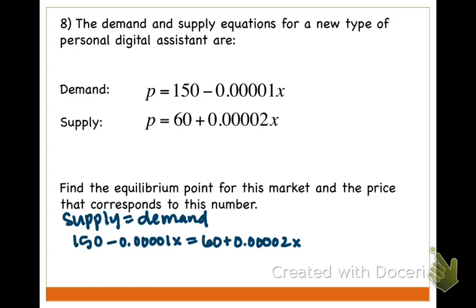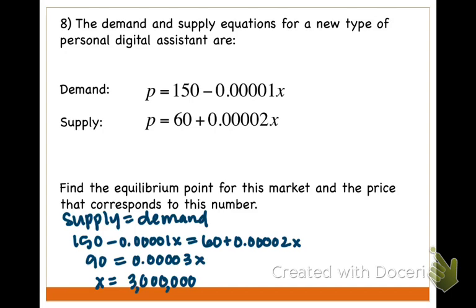If I finish solving this, I do get that 90 is going to equal 0.00003x, or that x is going to equal, I'm going to make sure I get this right, 90 divided by 0.00003 gives me 3 million.